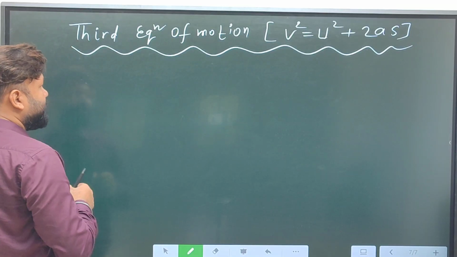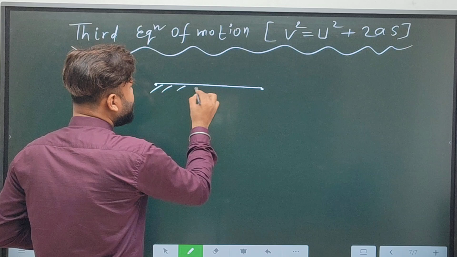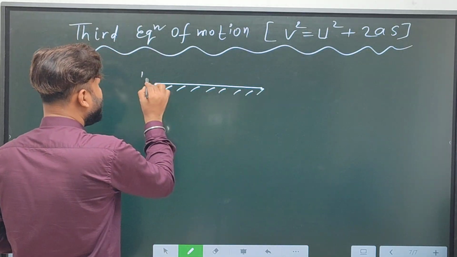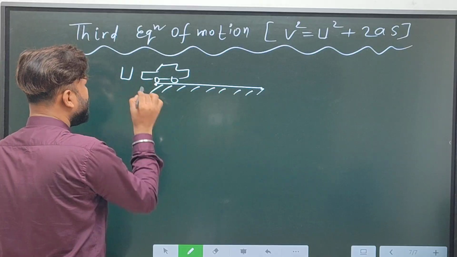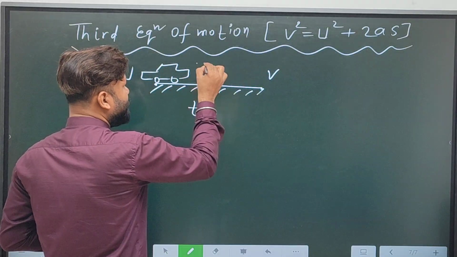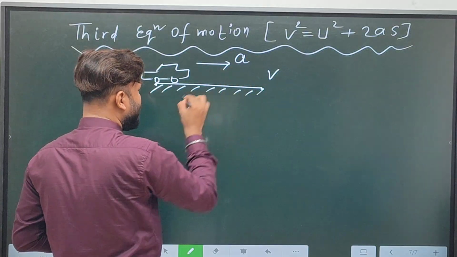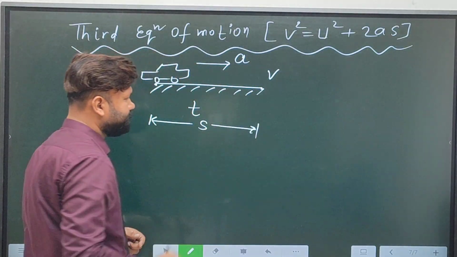Let's start. Suppose a car is moving with initial velocity u. After time t, final velocity of the car becomes v, and uniform acceleration of the car is a. The car covers a distance s in time t.